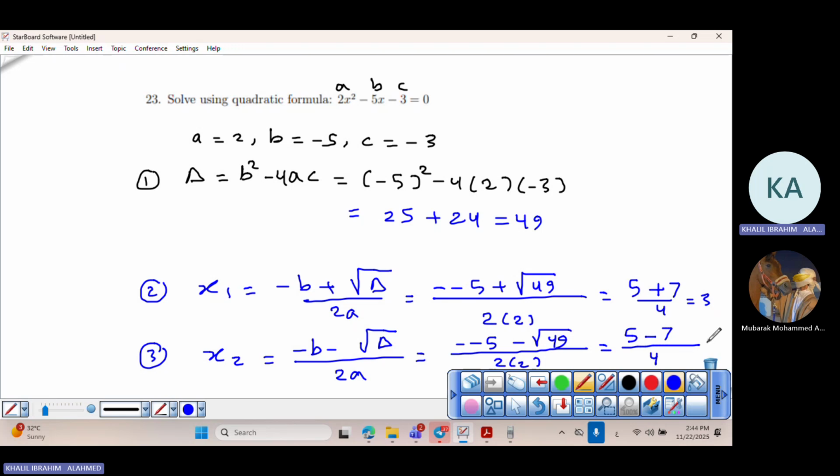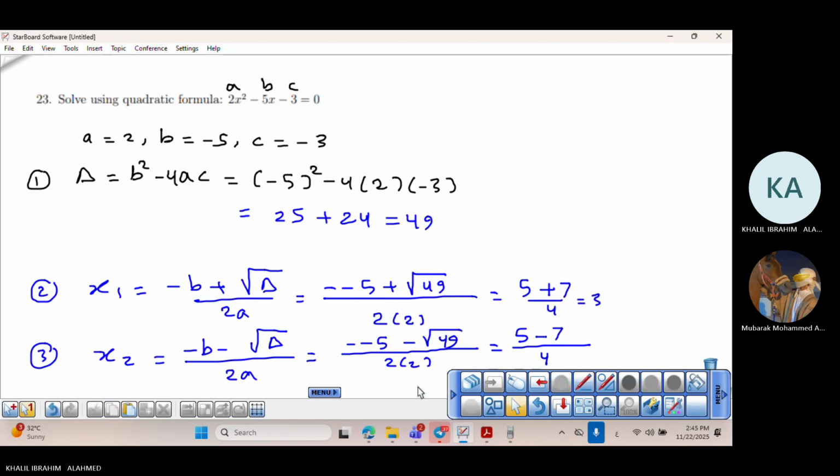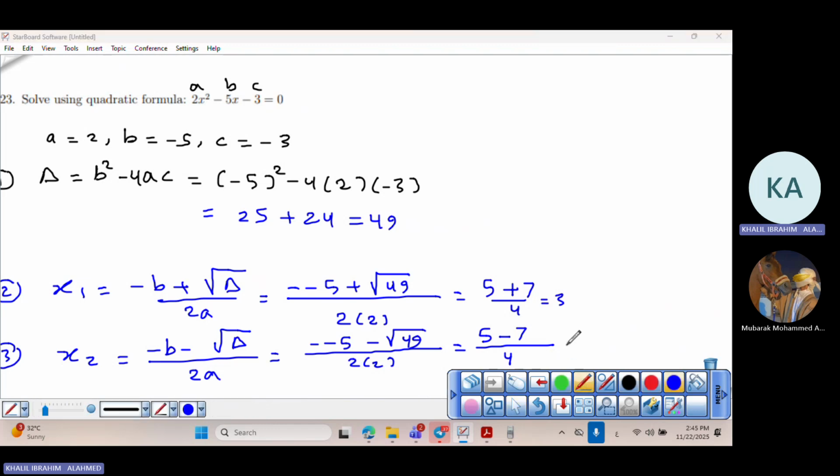The answer is -2 over 4, which equals -half. You can check your answer by using a calculator.